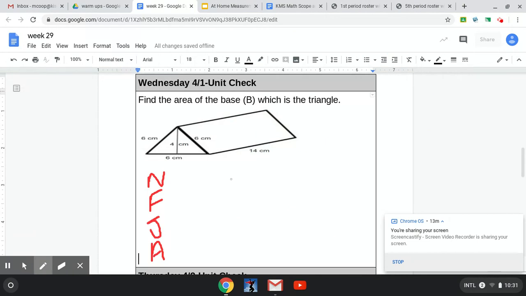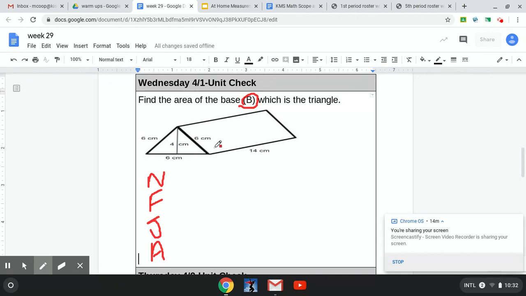Wednesday says find the area of the base, which is the capital B, in this case, which is the triangle. So remember, before we left, we talked about whether or not 3D shapes have two names. They have a first name and a last name, just like we do. And the last name is either prism or pyramid.